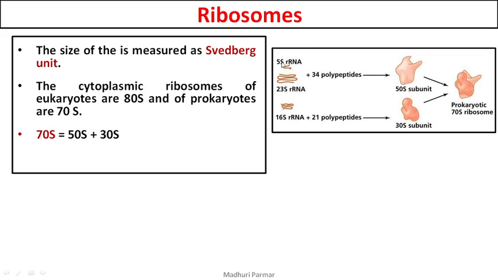This 5S rRNA is a very small RNA, and then you have 23S rRNA. So 5S plus 23S rRNA and some proteins. How many? 34 proteins are found together in this 50S subunit. Clear?